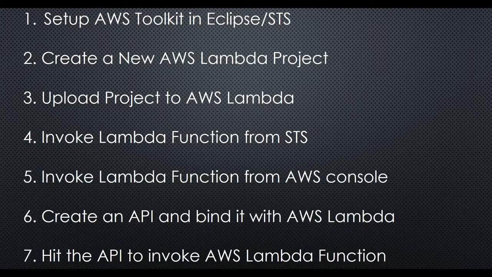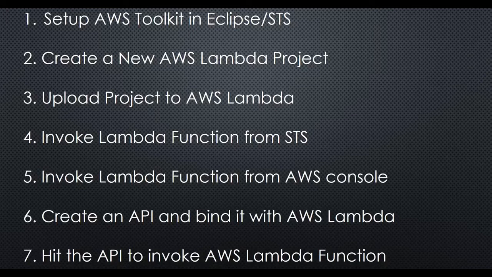First, we are going to set up the AWS Toolkit in our Eclipse or STS IDE. Then, we are going to create a new Lambda project using Java. Third, we are going to upload this project to AWS Lambda. Fourth, we are going to invoke this AWS Lambda function from our STS or Eclipse IDE.